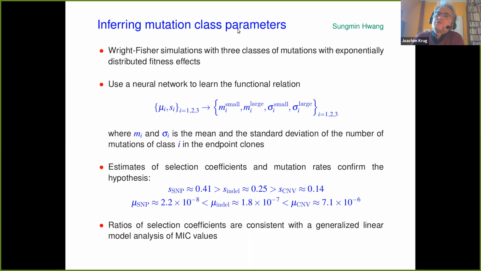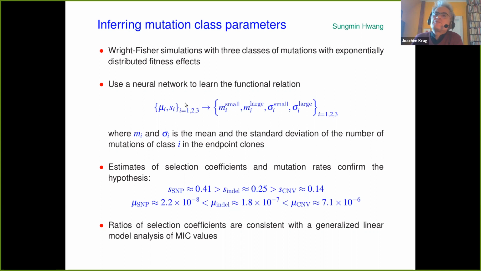Sungmin ran Wright-Fisher simulations with three classes of mutations. So the model has 6 parameters, namely the rates and effect sizes of these 3 classes of mutations. And the data that we used to determine those were the numbers of the different classes at the endpoints for these approximately 100 different populations.